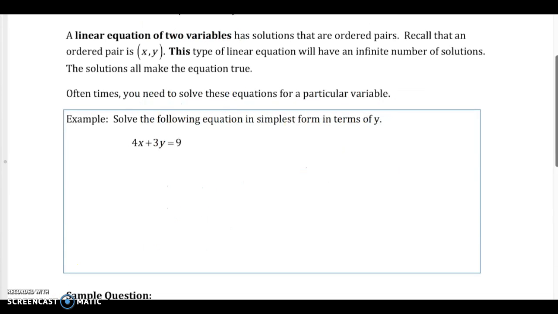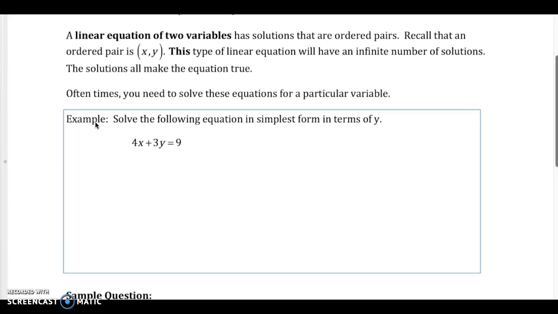So here is a linear equation with two variables. And oftentimes when students see a problem like this, in our example here, solve the following equation in simplest form in terms of y, they think they have to find a number for y, say, 5. And it's not always the case.